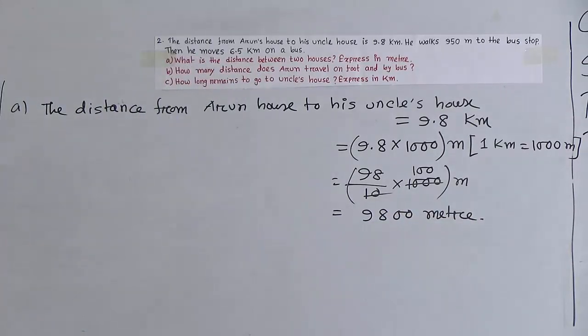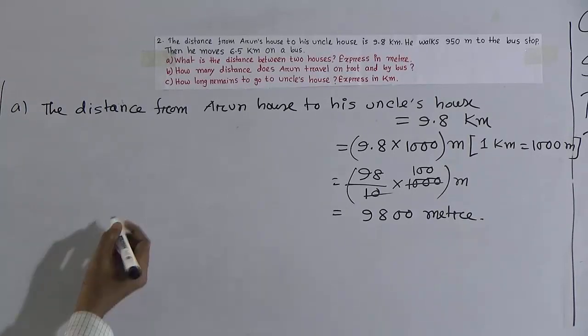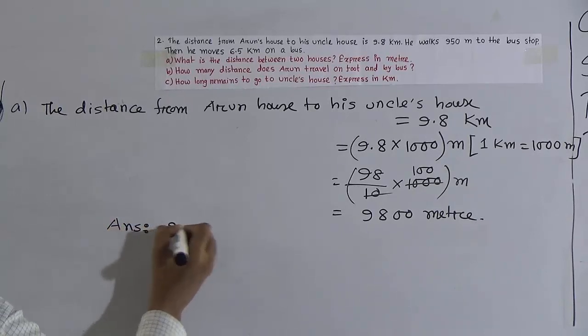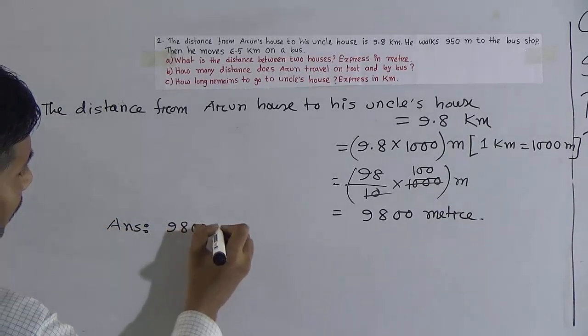Okay student, therefore the distance from Arun's house to his uncle's house is 9800 meter. Okay, and this is our answer, right? The answer, 9800 meter.